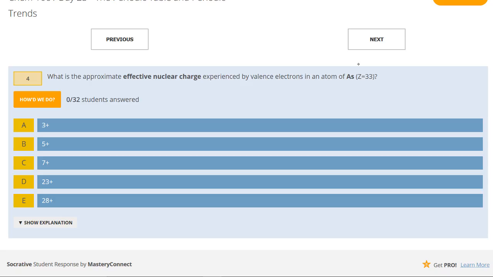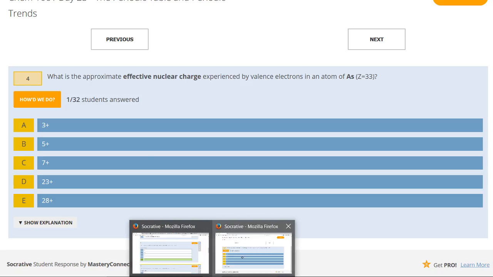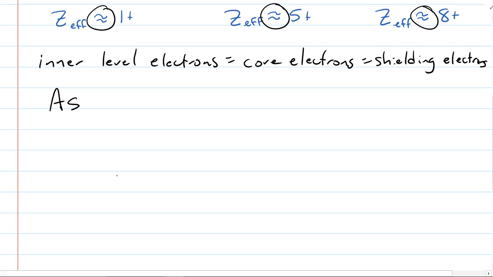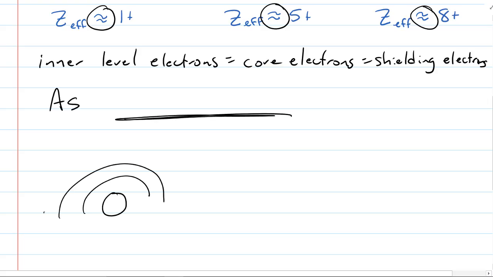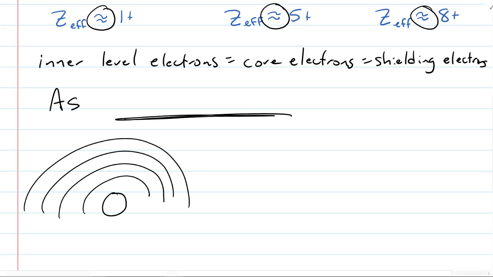So once again, I'll get you started, but you're going to do the calculation yourself. You're going to start by writing out the electron configuration. Then you're going to draw the nucleus. Then you're going to show the number of energy levels in there. And remember that whatever the number of energy levels is, you want to subtract out all of the inner level electrons that would cancel out the effect of the nucleus.